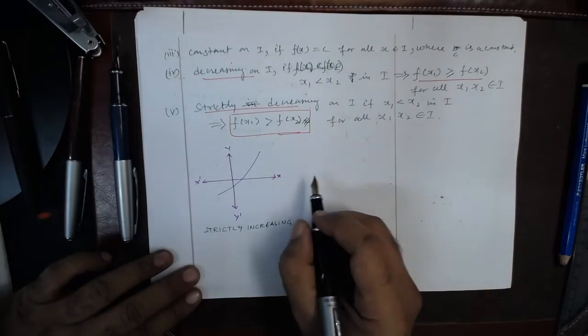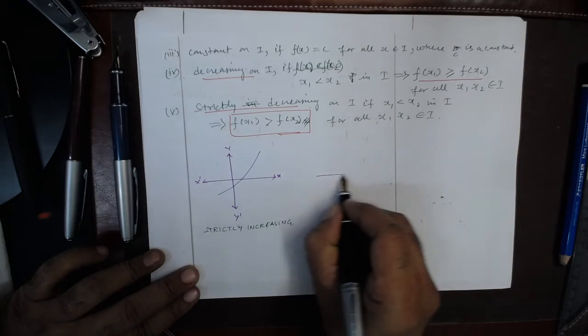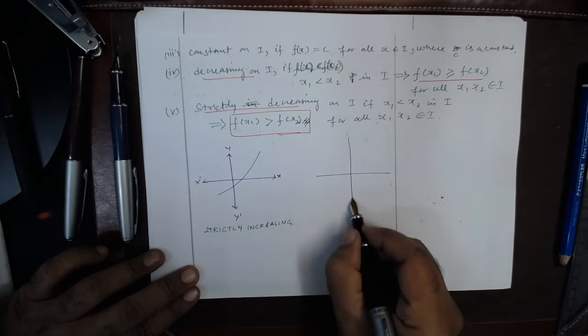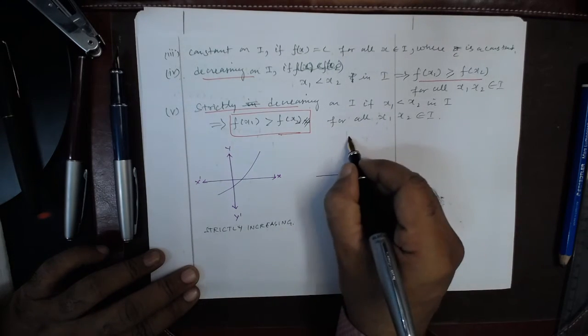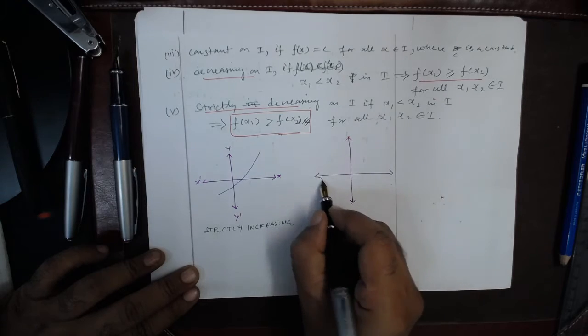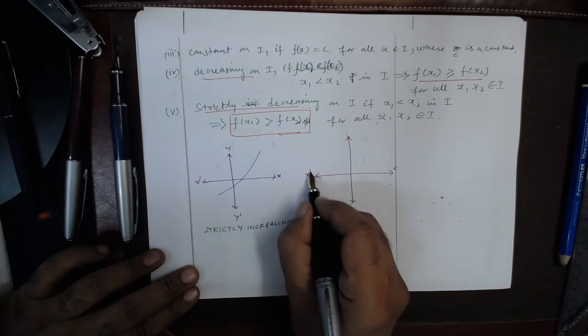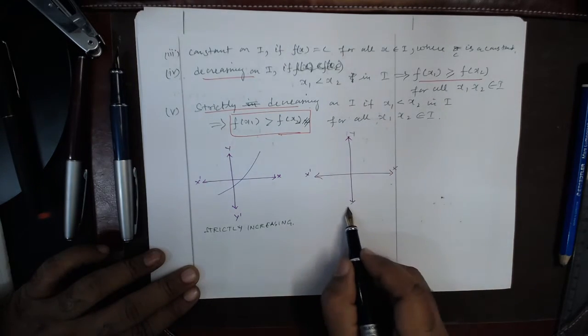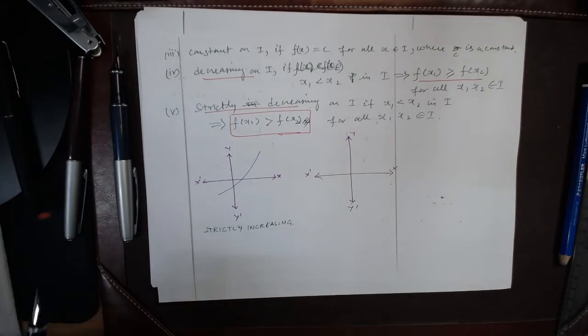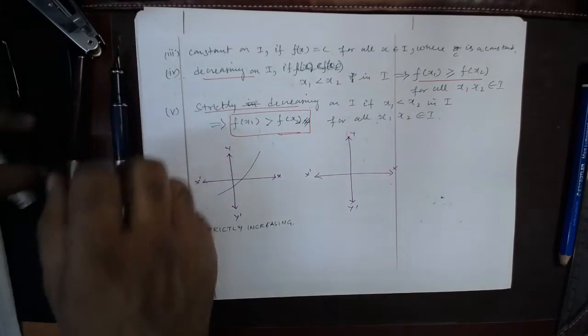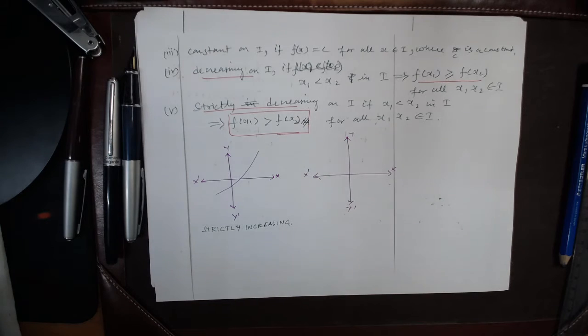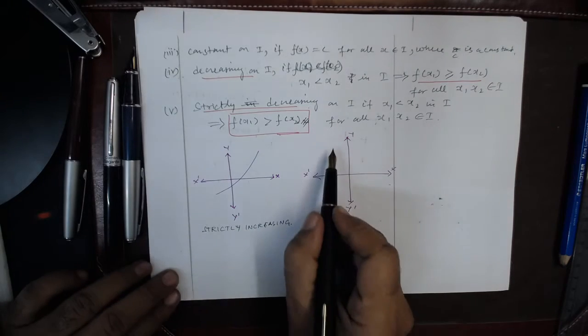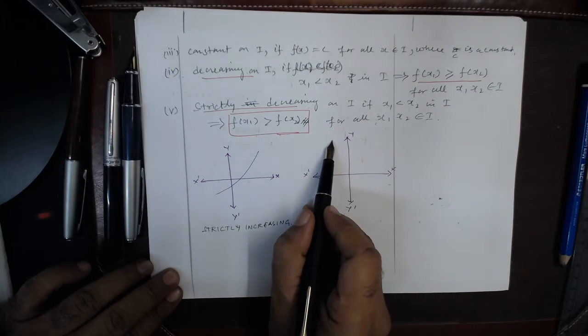Similarly, strictly decreasing only. X dash, y dash. Strictly decreasing is represented as a blue line here.